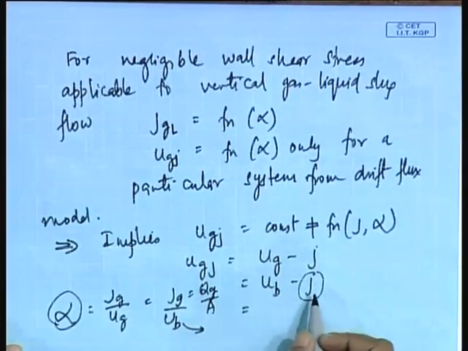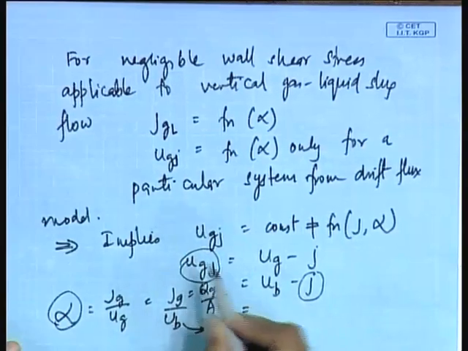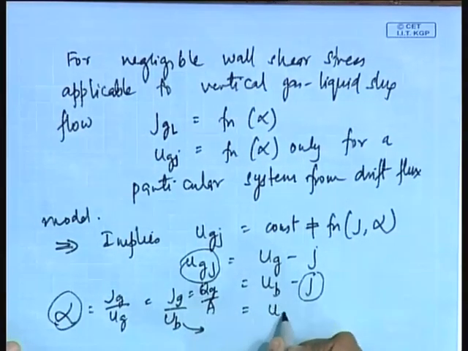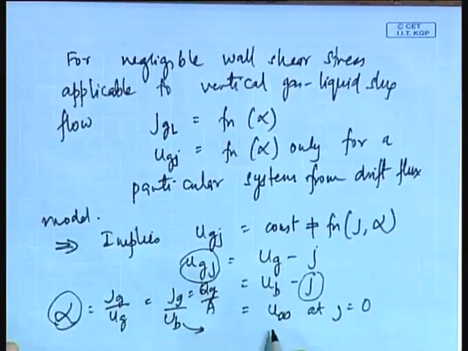So, therefore, we find that this UGJ becomes equal to U infinity at J equals 0. Once we know this, we can find out UGJ. From there, if we know J, we can find out UB. Once we can find out UB, we can find out alpha. Do you agree with me, all of you? Agreed? And we find that finding out UGJ, the drift velocity, is very easy. Why? Because this particular velocity is constant.